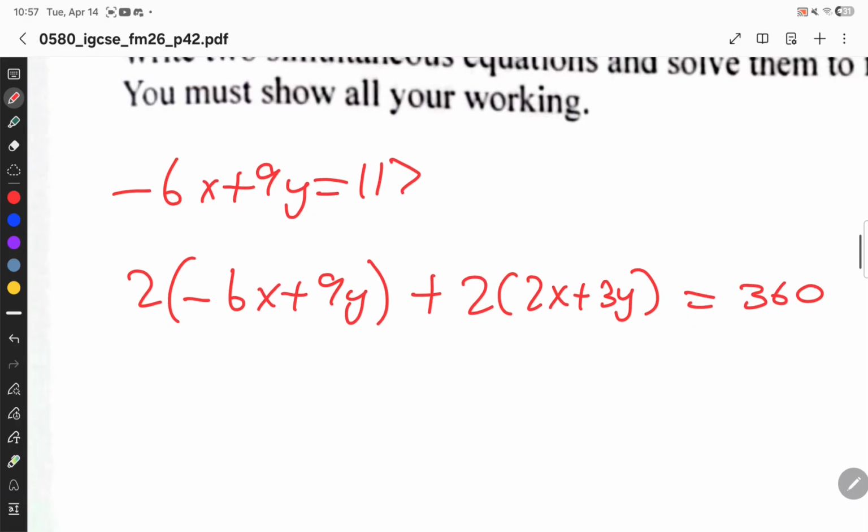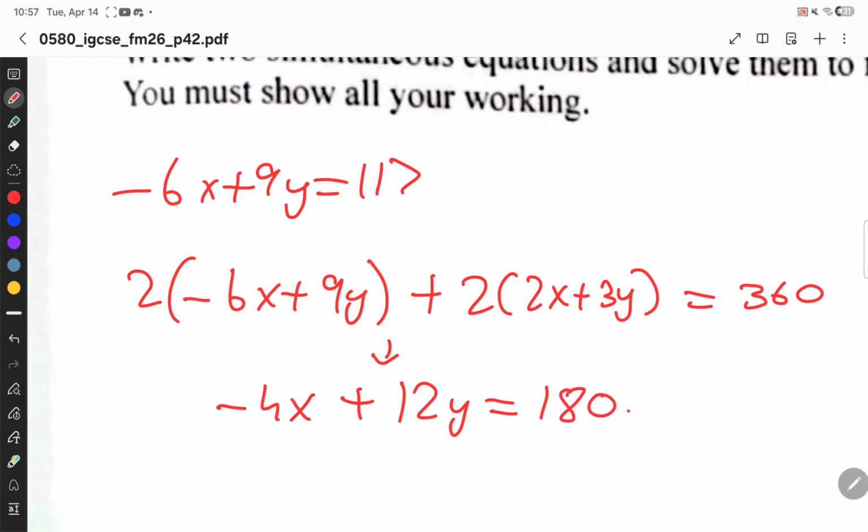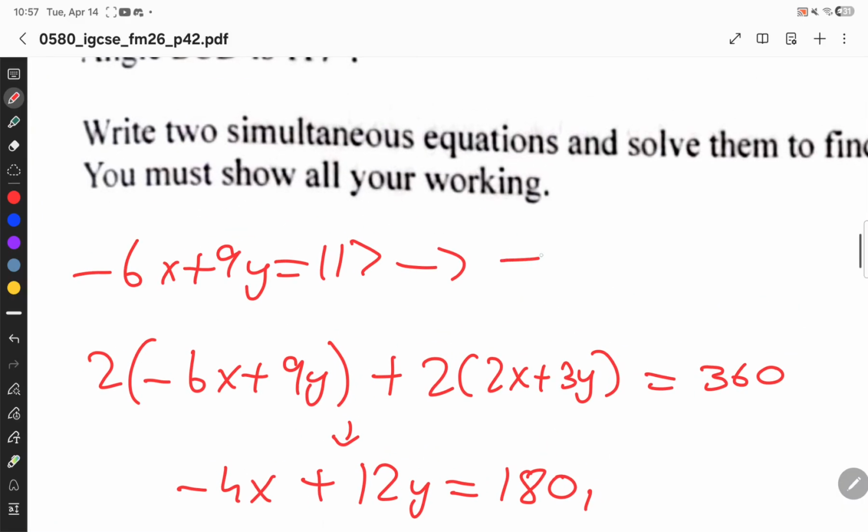Now if we divide by 2, this is equal to 180. Then we do negative 6 plus 2, which is negative 4x, plus 9 plus 3 is equal to 12y, is equal to 180.